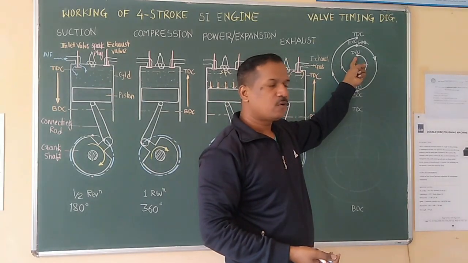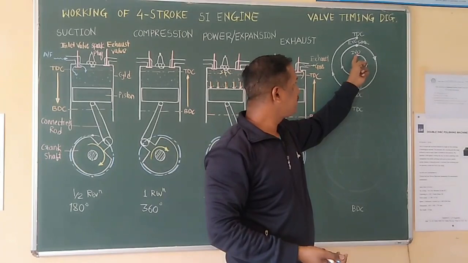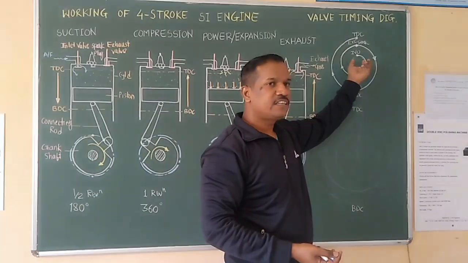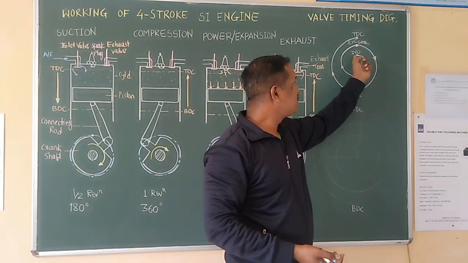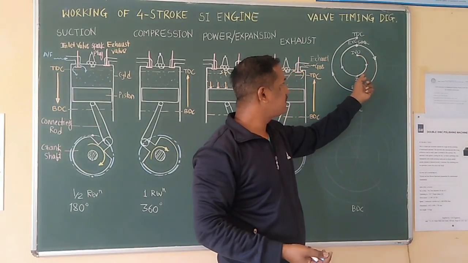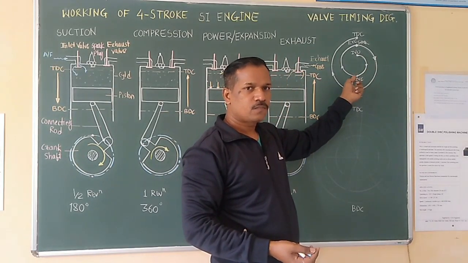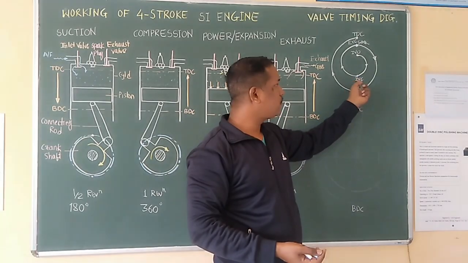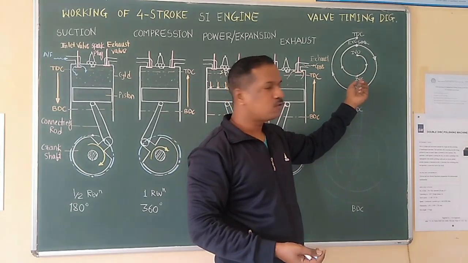As soon as the inlet valve gets open, due to piston movement from TDC to BDC, negative pressure is created, and that negativity sucks the air-fuel mixture inside the cylinder. This continues till the piston reaches BDC. When the piston reaches BDC, the inlet valve gets closed, exhaust valve already closed.